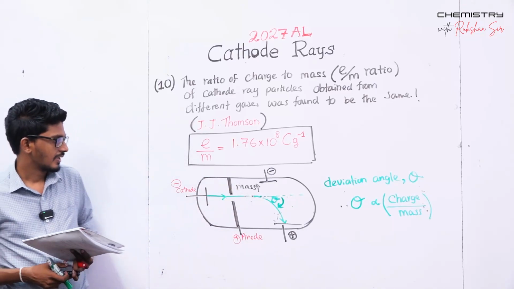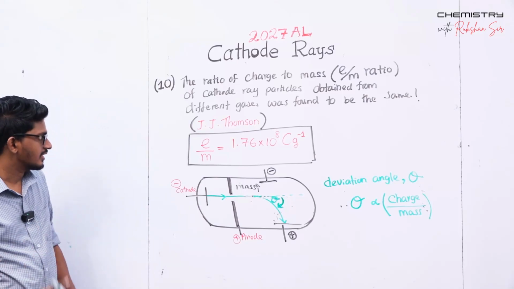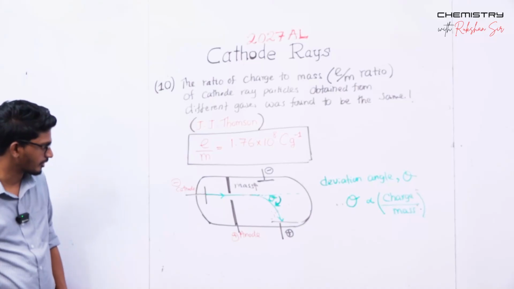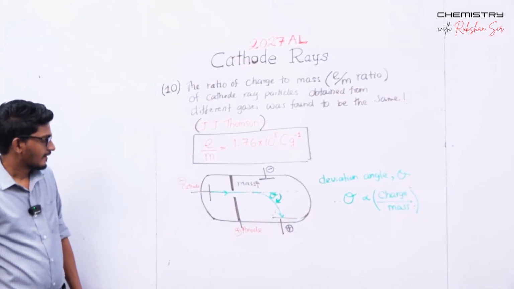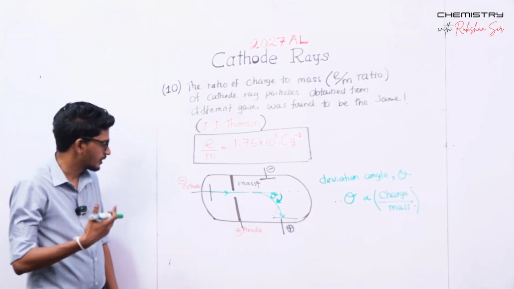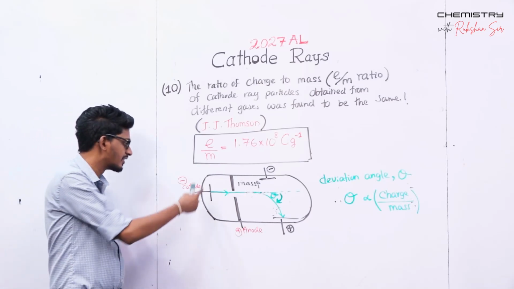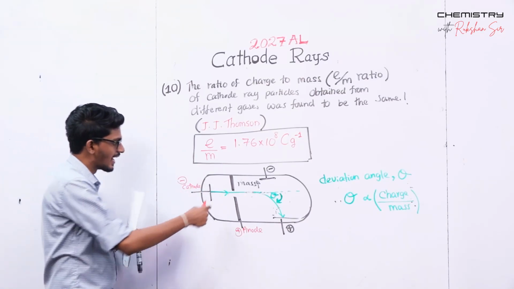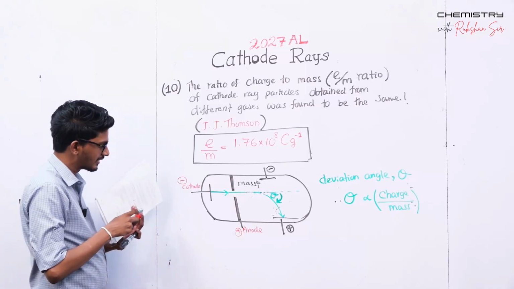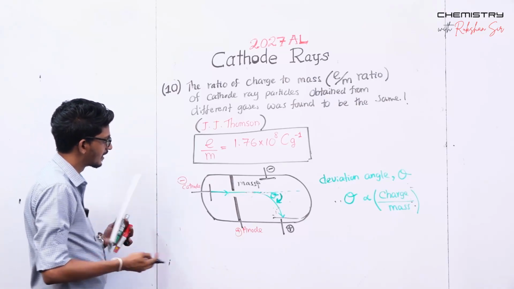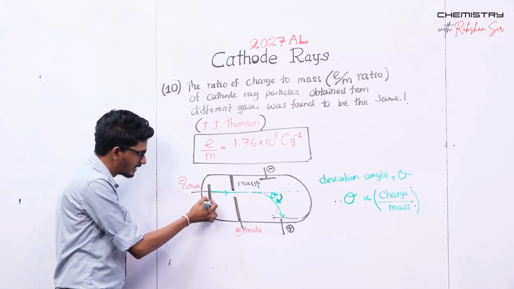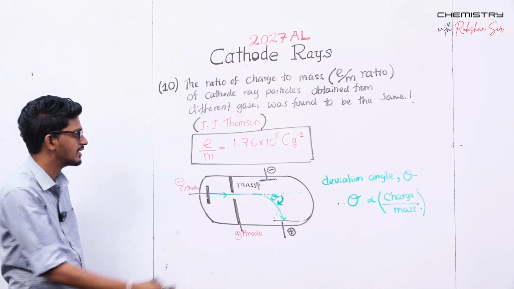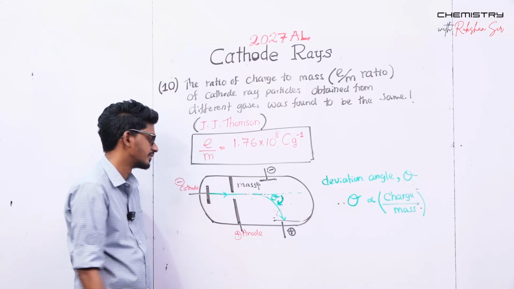The special thing we'll discuss in the next point. Thomson was able to prove that even with different cathodes, not only with different gases in the tube, even with different metals as cathode, still you observe the same e over m ratio, same deviation angle.